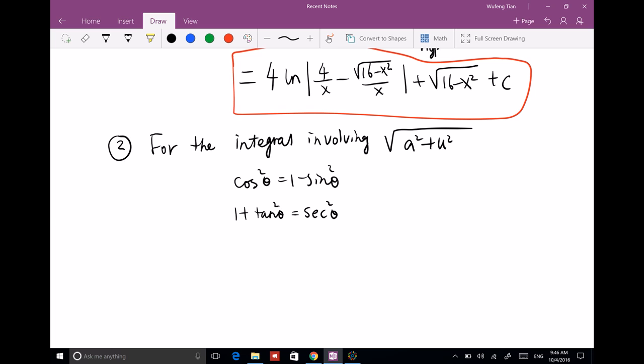What do you think I would substitute here? Or sorry, u. U is the variable. Sometimes you get a squared plus x squared. It's the same idea. If you have this, what would you substitute here? We have used this one, now it's time to use this one. So what do you think I need to substitute here? That x or u equals what?